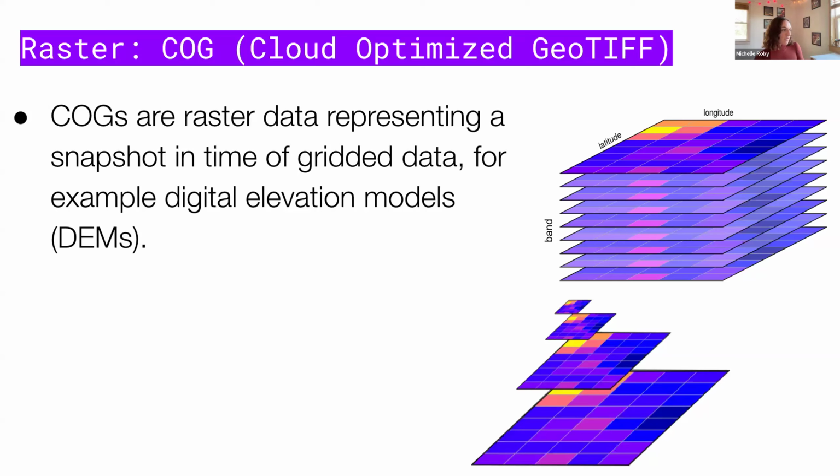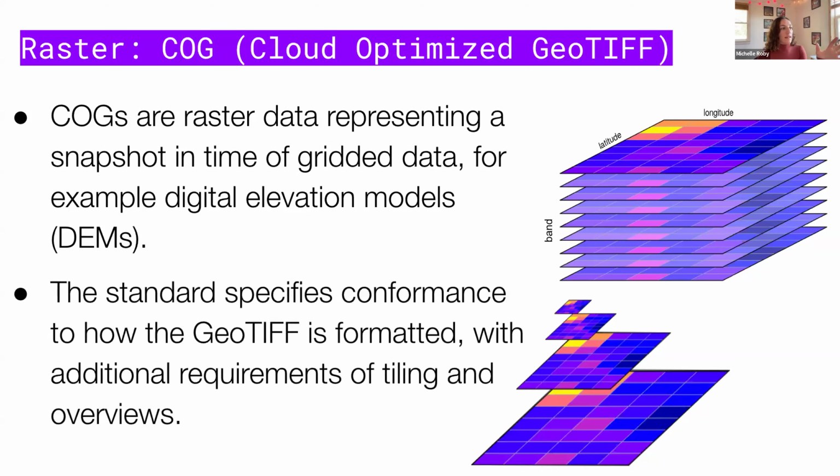If this diagram was a Landsat image and we only wanted the information that was in yellow, we would be able to just pull that out instead of having to download an entire Landsat scene. We could just download the small area that we're interested in and save us time, compute, and storage by being able to just read the data that we need.